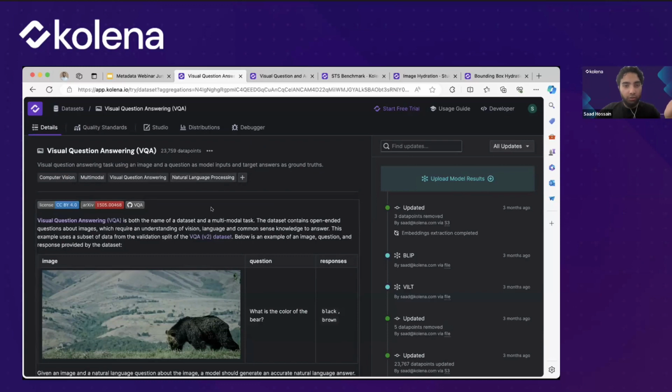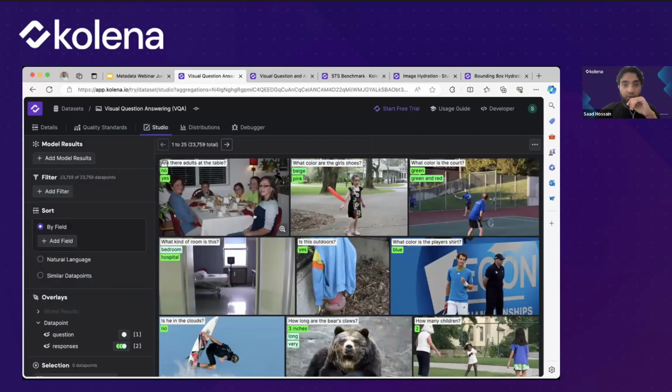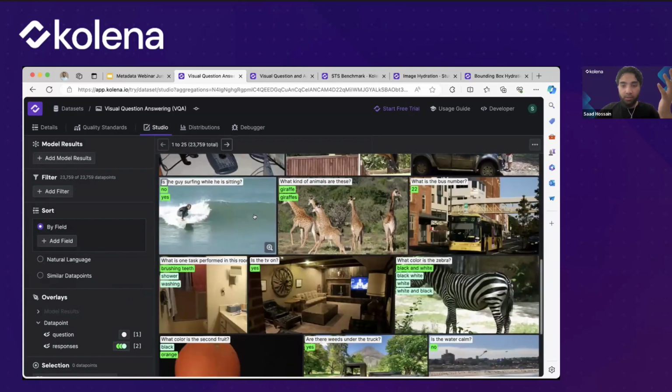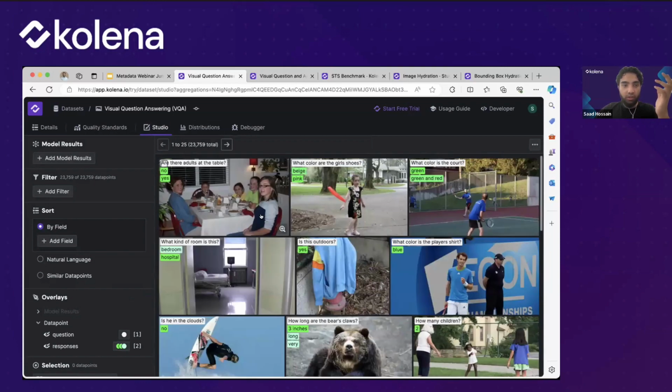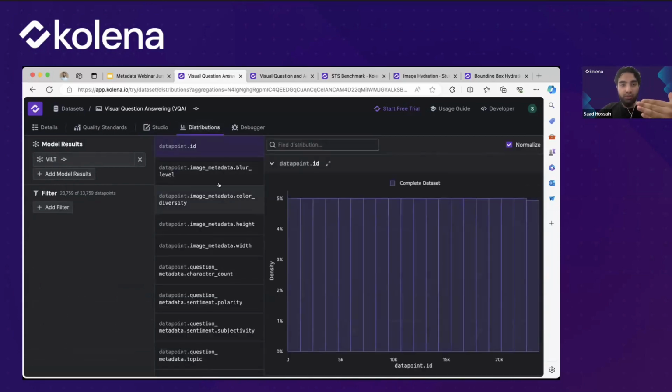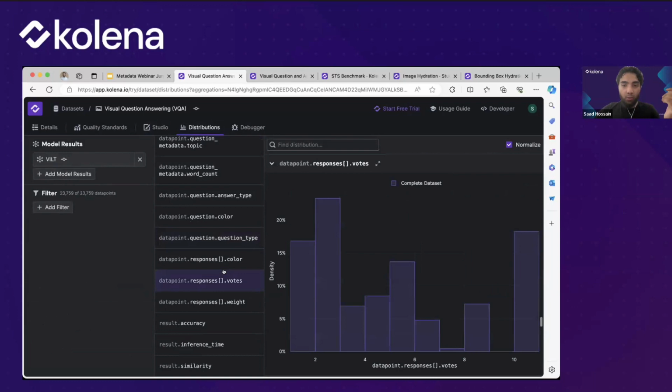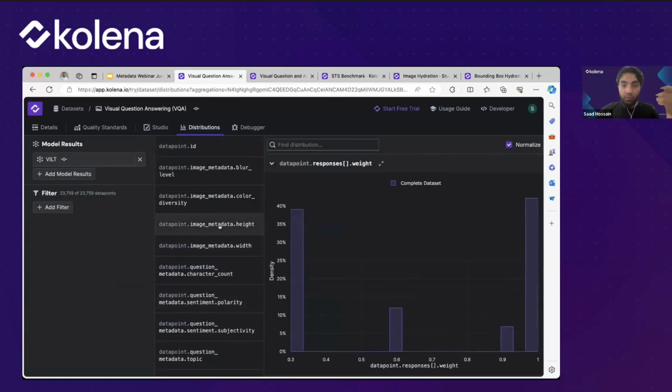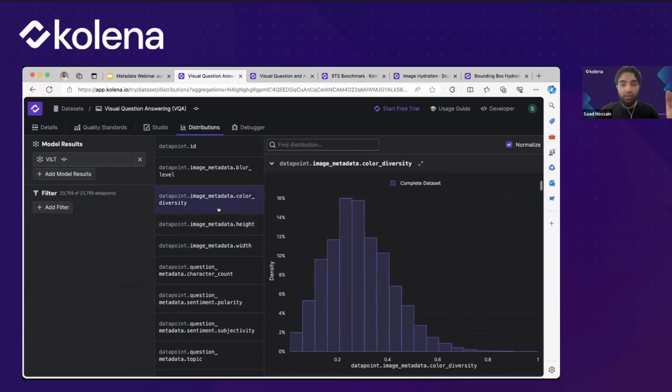A quick run through some of the key functionalities: we can go to the studio and look through our data and see what our data looks like. We can see what our model results look like. We can then go to the distributions tab and see the various distributions of the different fields.